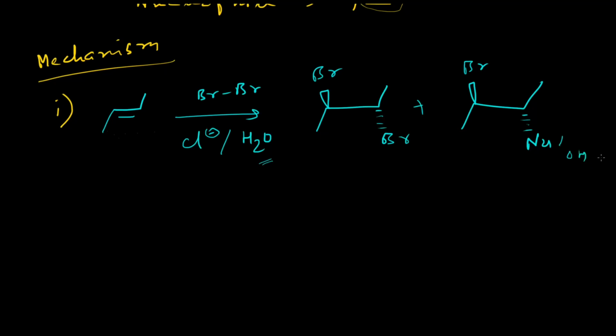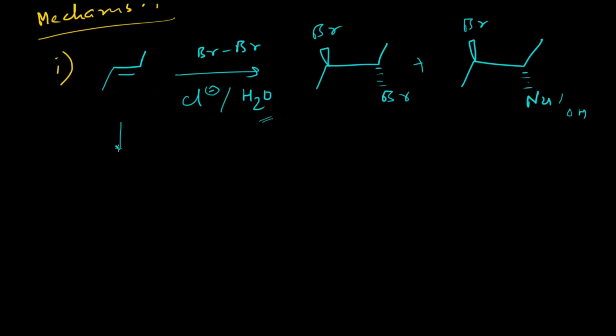So what this suggests is the reaction should proceed via an intermediate which initially forms a carbon-bromine bond, and after that the second carbon-bromine bond forms. So obviously the second bromine of this molecular bromine will be present as Br minus in the reaction medium.